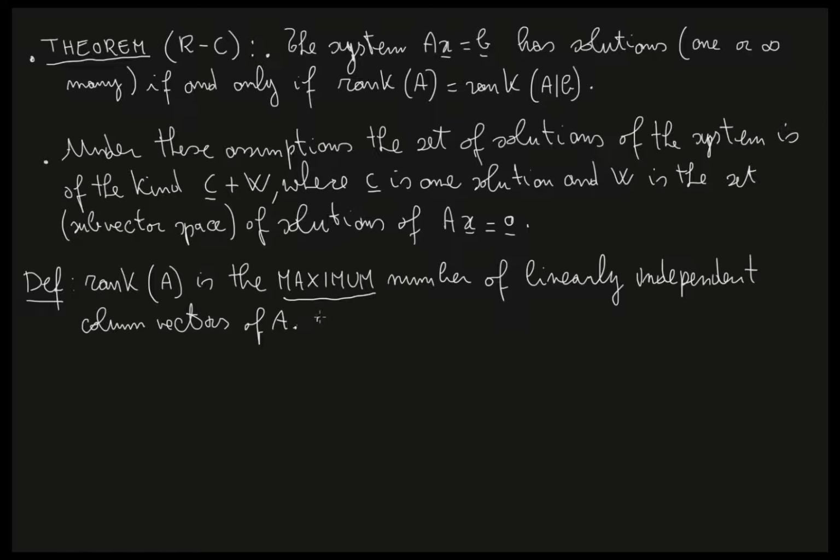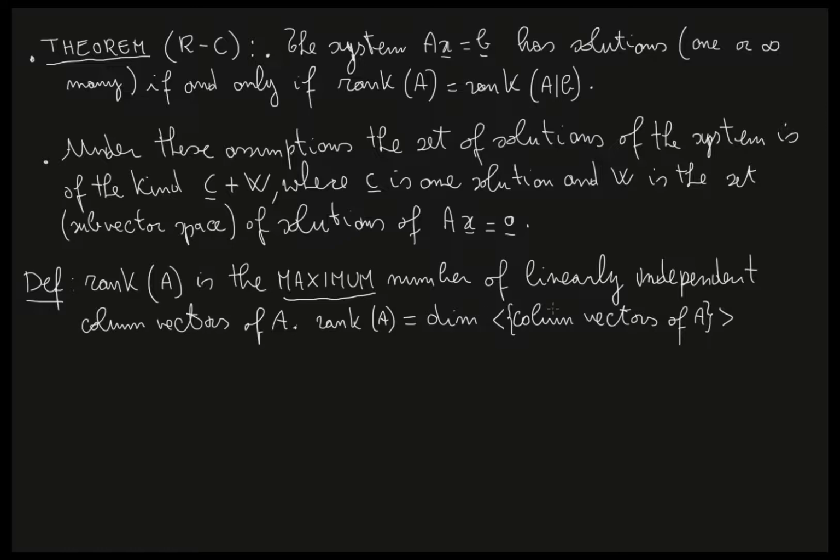Also, we can write rank of A equal to the dimension of the vector space generated by the column vectors of A. So if I take the set of column vectors of A and I take the vector space generated by it, this is going to be a subvector space of Rk if A has k rows.